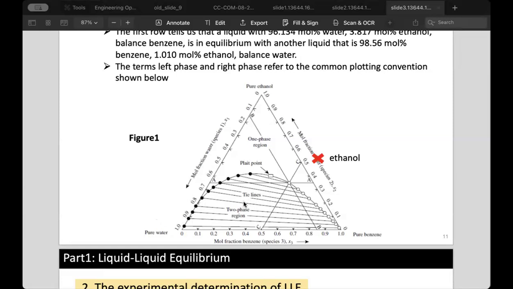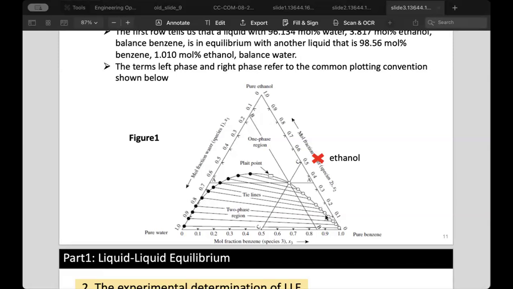If you mix A, B, C, in this case water, ethanol, benzene, with the composition at this point, it will separate into one phase with this composition and another with this composition. It separates into these two compositions for sure.